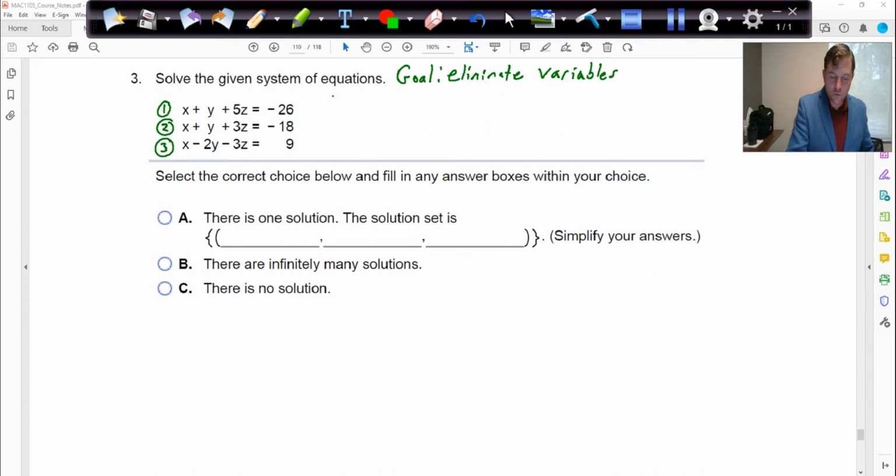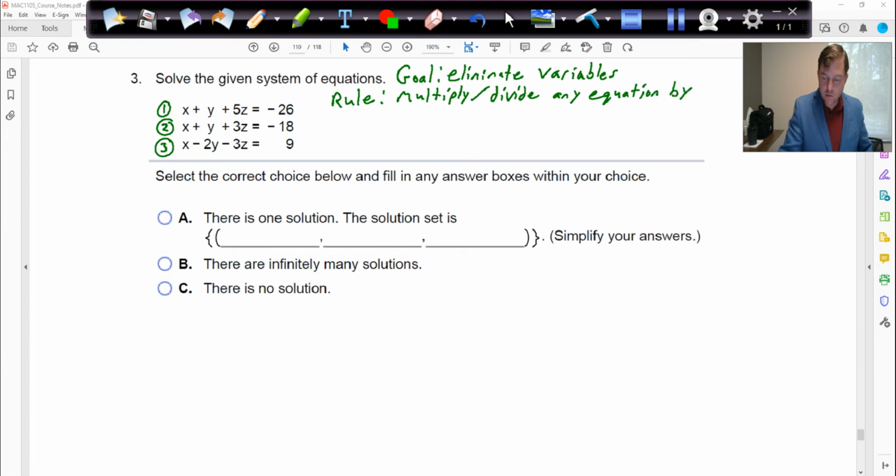And our rule that we're going to use is we can multiply or divide any equation by any number except 0. So we're not going to use 0. Equation by any number other than 0. And then we can add or subtract any two equations.